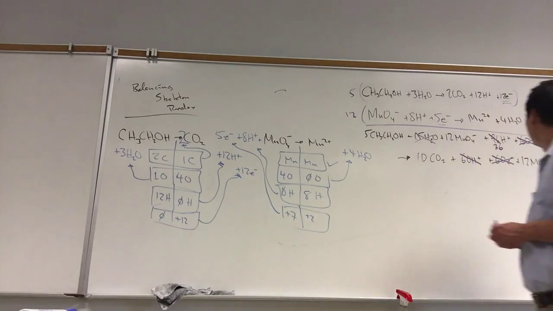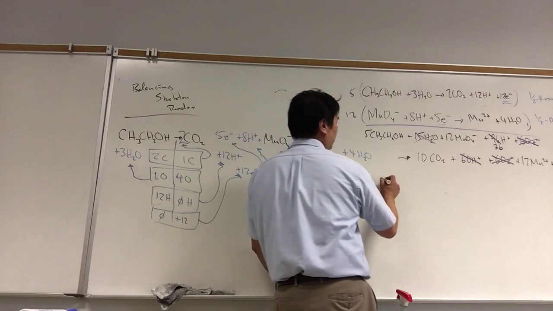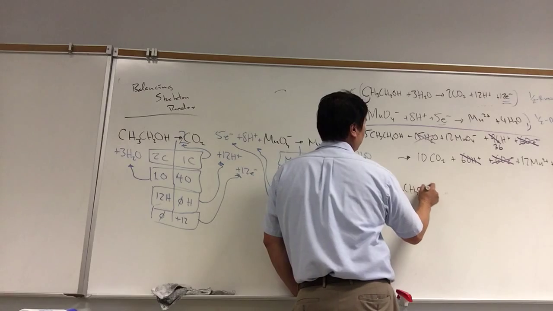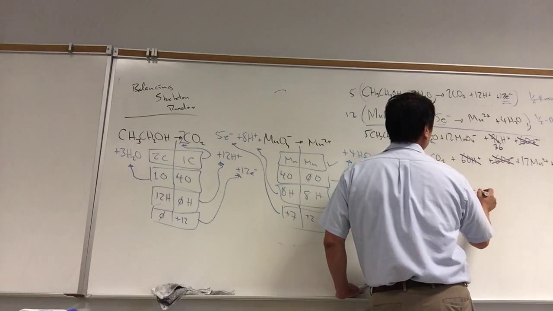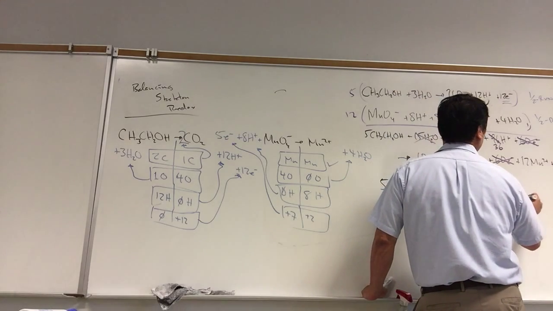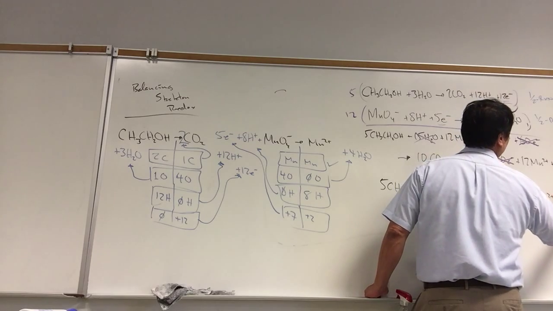Okay, can we simplify anywhere else? No, it doesn't look like it. And so what we end up with is 5 CH3CH2OH plus 12 permanganates yields 10 CO2 plus 12 Mn2+ plus 33 H2O.